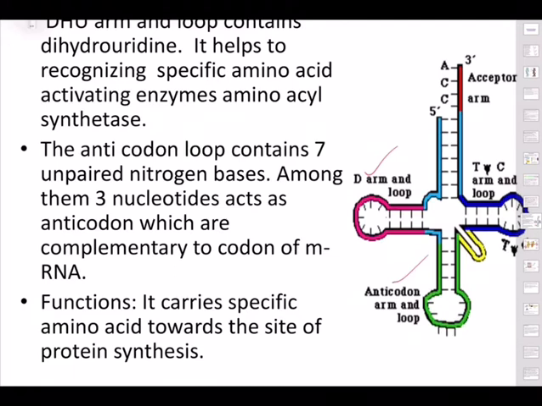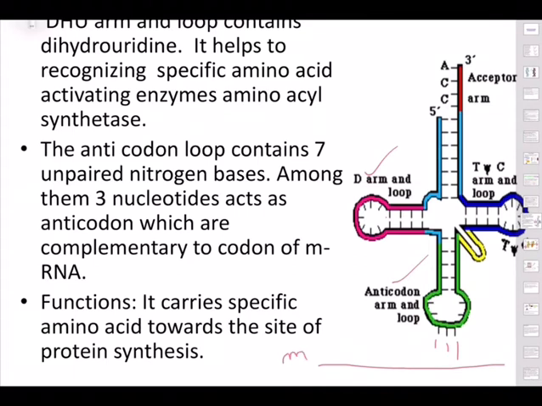Now we come to the very important one, the AC arm. The anticodon loop contains 7 unpaired nitrogenous bases. Among them, 3 nucleotides act as the anticodon. These 3 are complementary to the codon of mRNA.